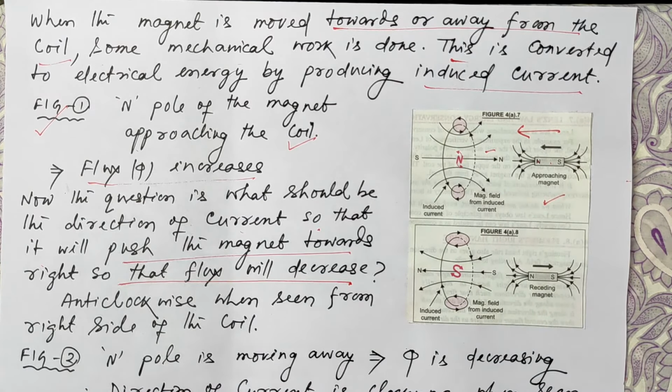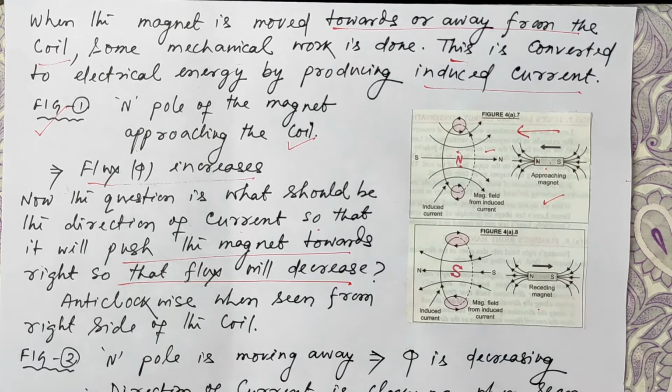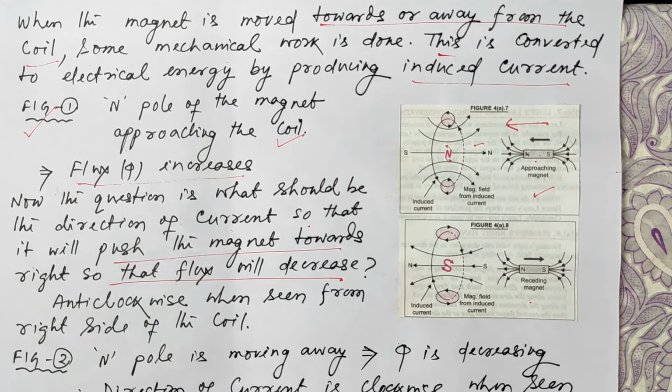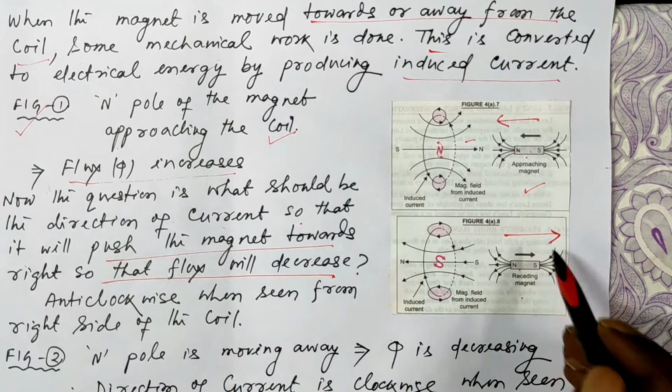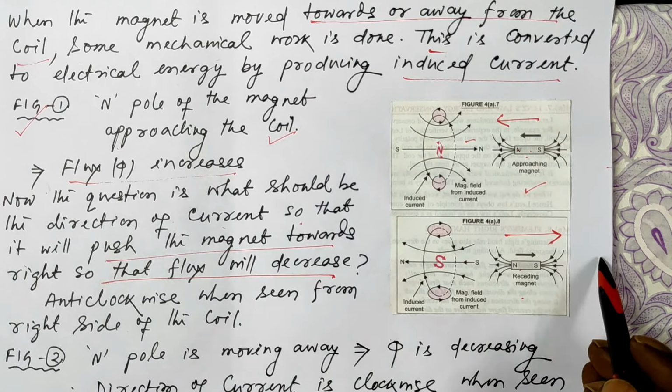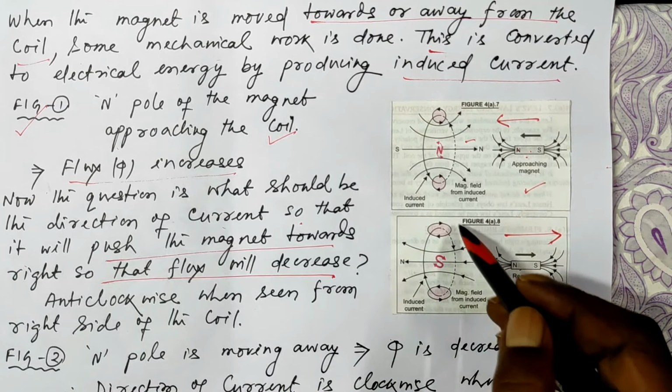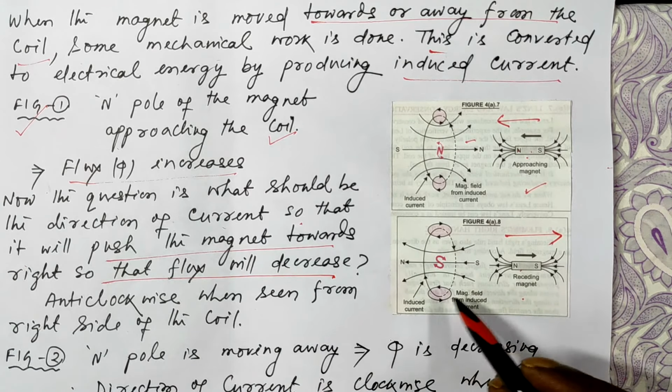Now in the second case, look at the same situation here, but the magnet is moving away. Since the magnet is moving away, the number of lines of force passing through this is decreasing.